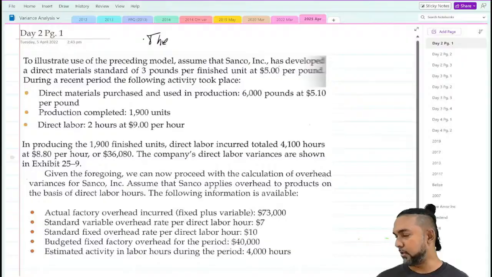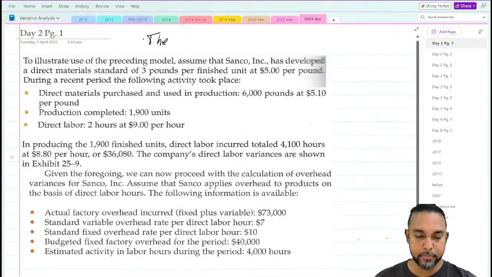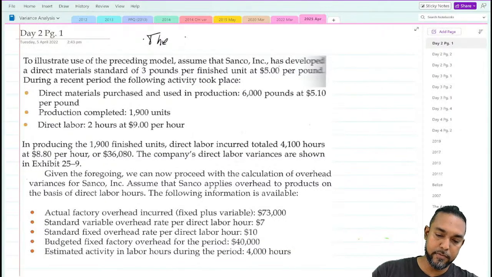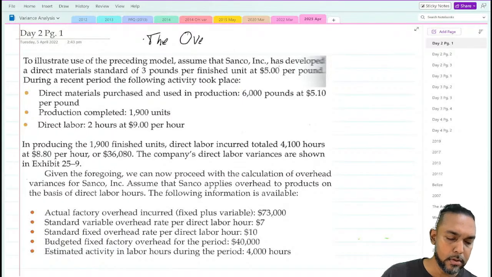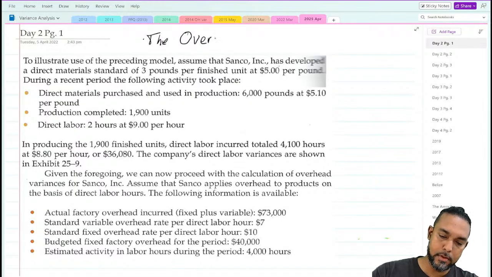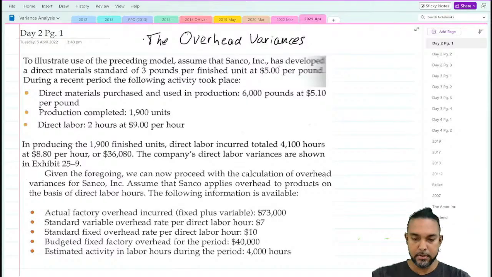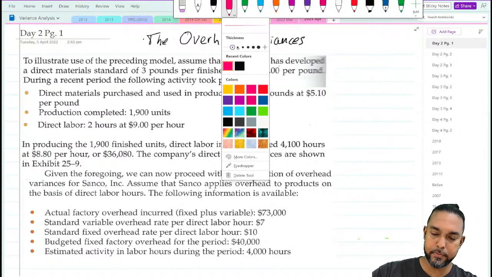Yeah, all right, lovely. We're in again now. Right. So the overhead variances. Yeah, my handwriting is not the best, and I really only have to write for math these days. Okay, so we're going back here now.